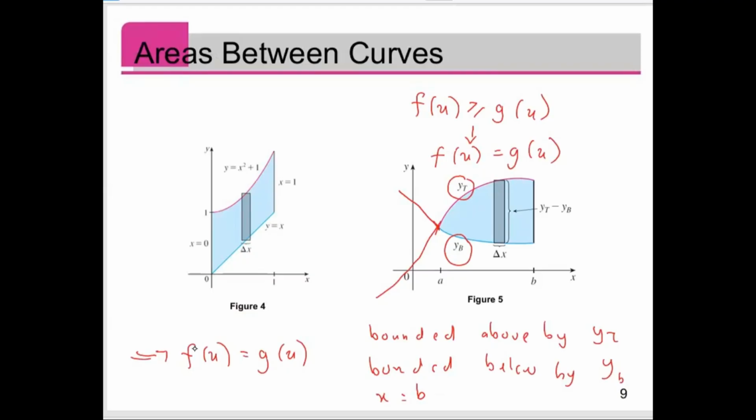Then you have to determine which one is the above function, which one is the below function. And you can get that from the point of intersection, and then within the interval, you have to maybe plug in, substitute some values, and you are going to see which one is the top function, which one is the below function.